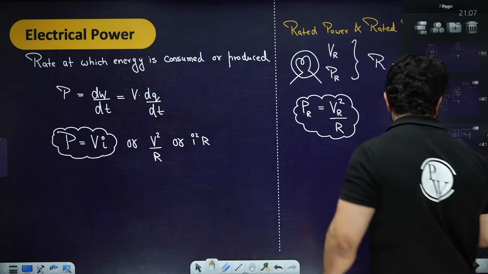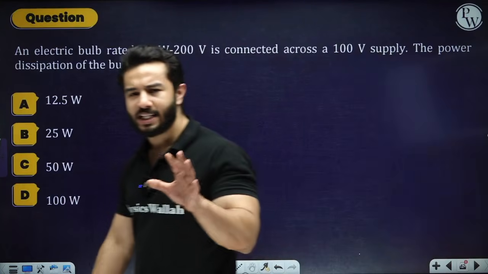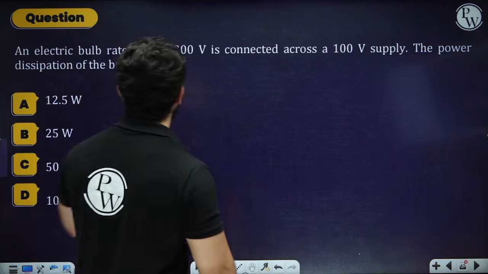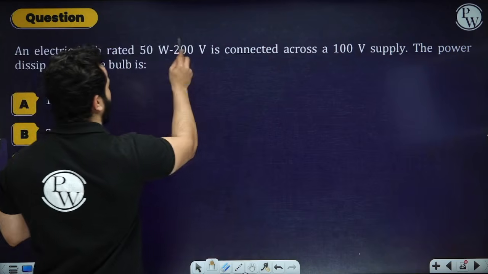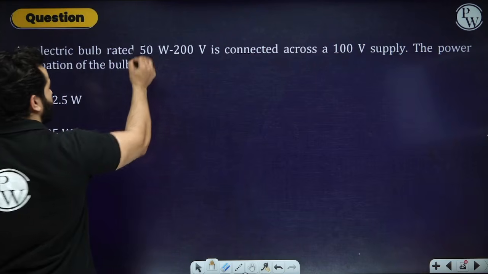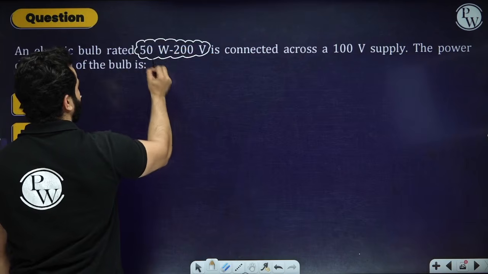Similar to this, this was a question from JEE Mains, I think 2023 or 2024. They have said it is rated at 50 watt, 200 volt, and now you have to find it out at 100 volt. So just use this information to find out the value of resistance.